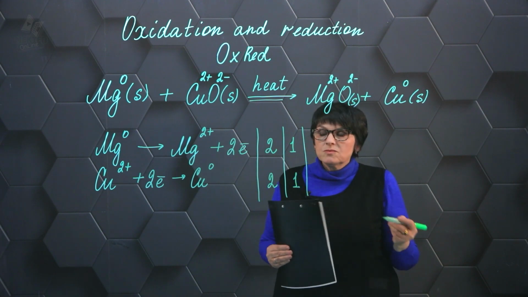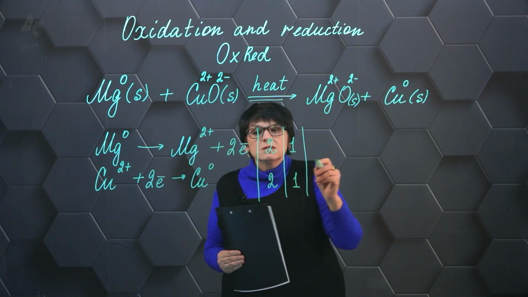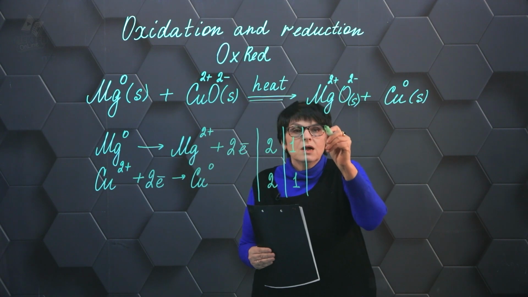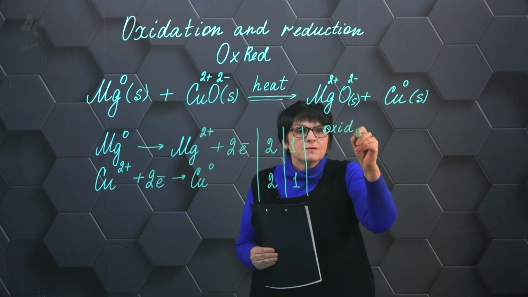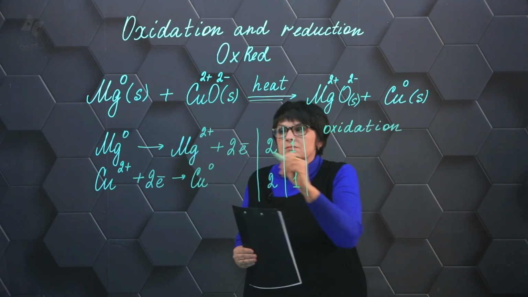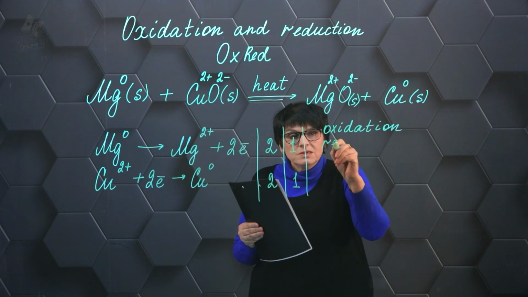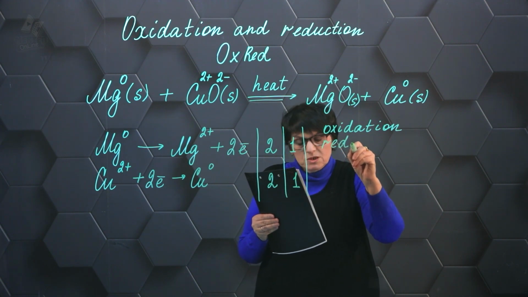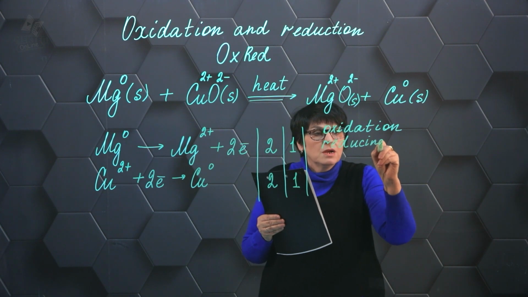Now, let us determine the processes that have occurred here. Magnesium loses electrons, hence this process is referred to as oxidation for magnesium. And magnesium itself in this case is called a reducing agent. The entry then goes like this. This element will be the reducing agent.